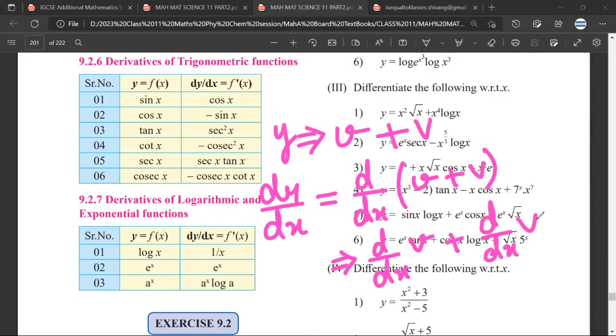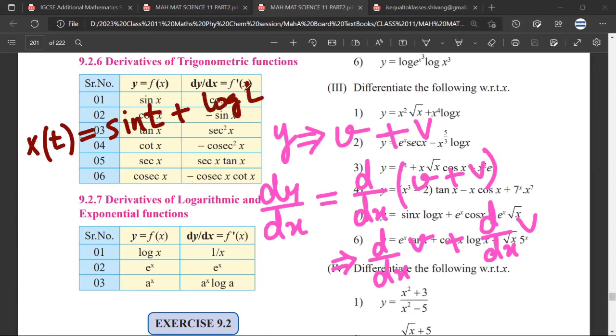Yeah. What does this mean to us? This means that if I am given a displacement function which looks something like this, x of t is equal to sine t plus, let us say, log t.